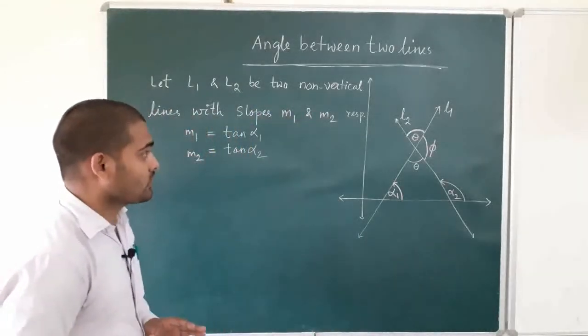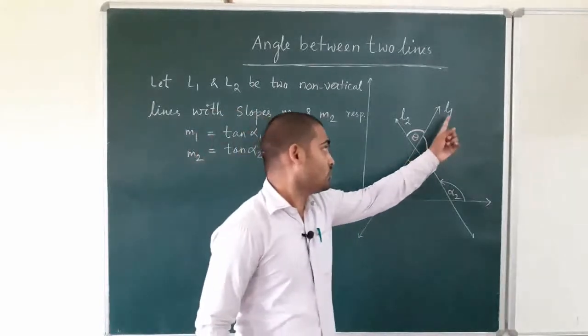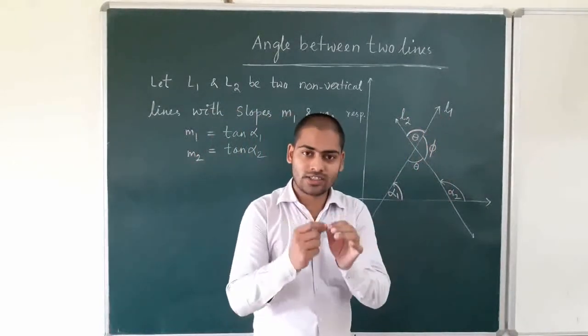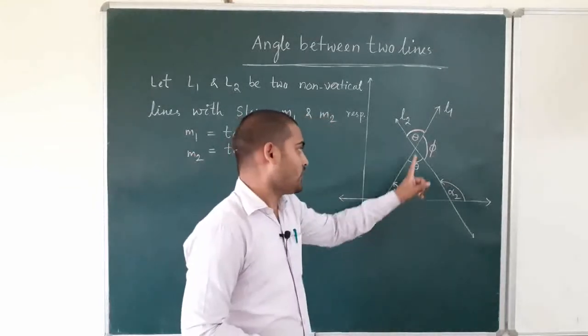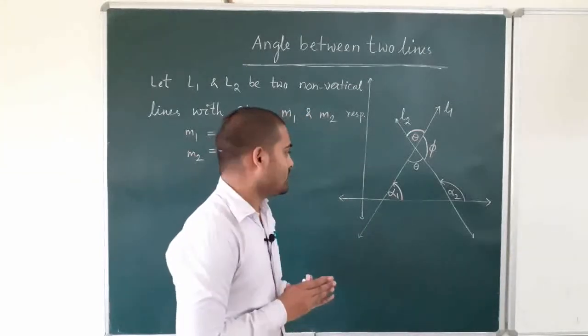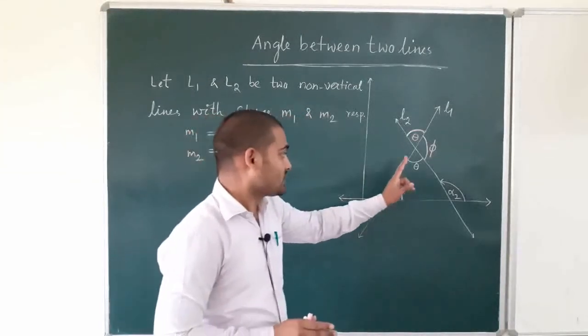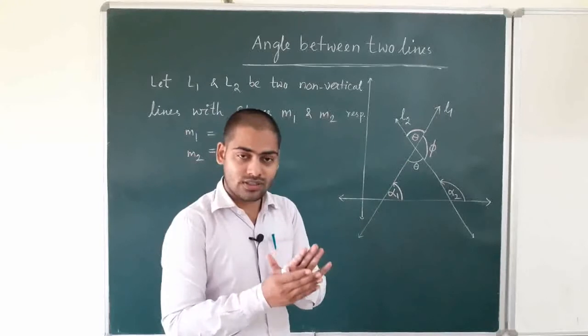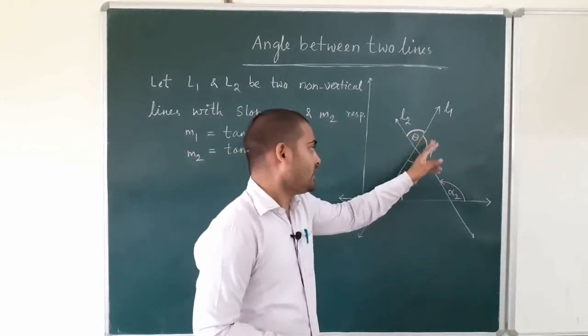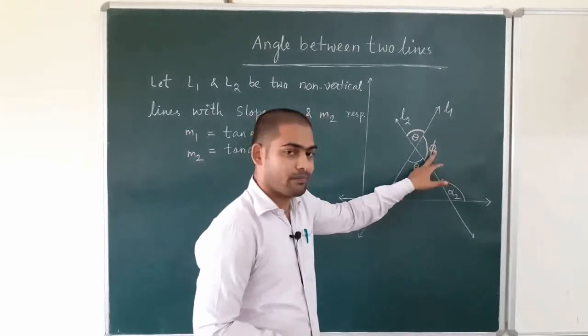See, here line 1 and line 2 are intersecting at a point, and the angles between them are theta and phi.